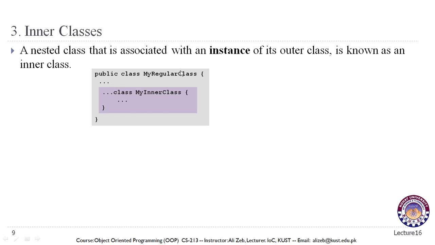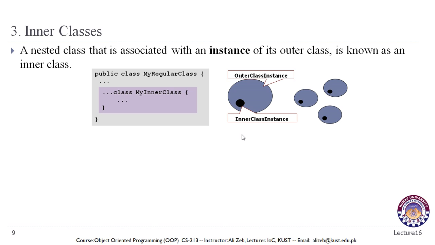For example, we have an outer class, and then we can enclose a non-static nested class inside the outer class that is called the inner class. So it can be shown as, for example, this is our outer class, and we enclosed our inner class inside the outer class. These are completely enclosed inside the outer class.